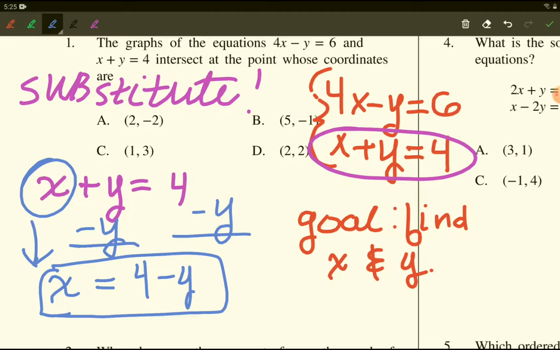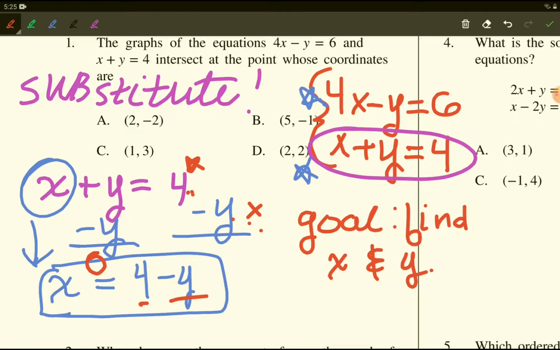I just picked whichever one, you can pick either one, and isolate x or y, just by moving something over to the other side, by keeping it balanced. And so y minus y would be 0, and then since you can't combine these because this is a number and this is a letter, they just go side by side like that.